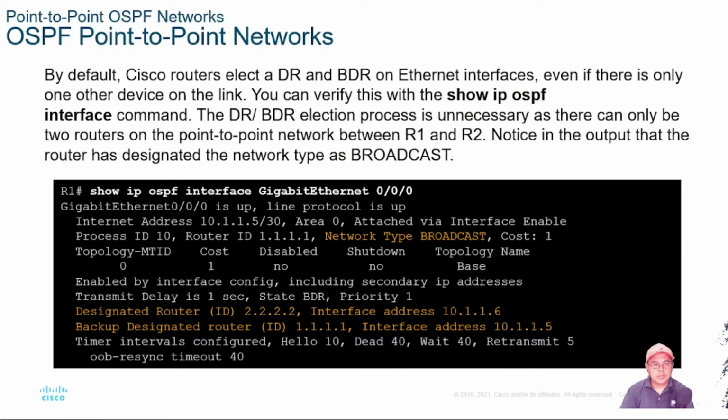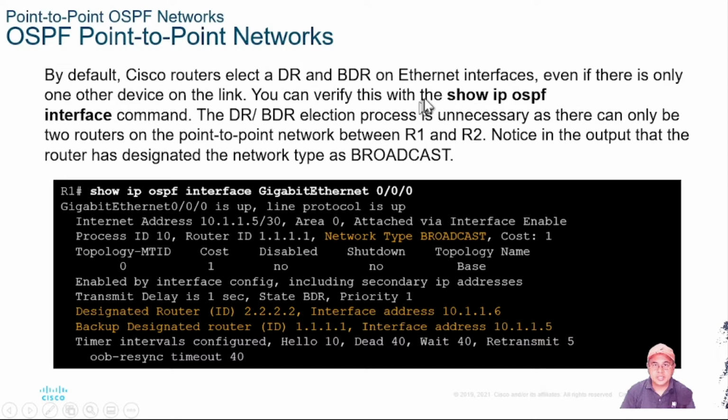after configuring the network, we will also examine what type of network it is running in the implementation of that reference topology. Because with OSPF point-to-point networks, by default, Cisco routers elect a DR and BDR on Ethernet interfaces.